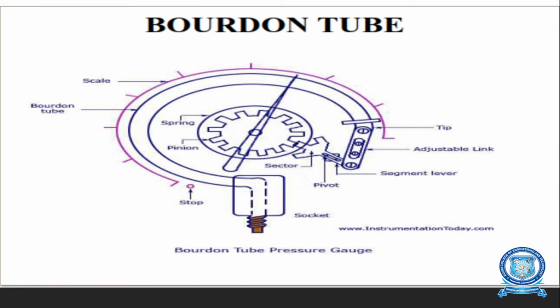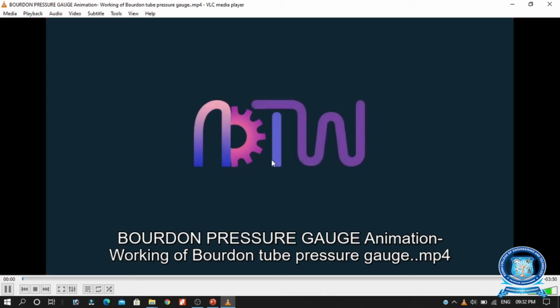The other end of the tube is fixed to a socket where the pressure to be measured is applied. The internal pressure tends to change the section of the tube from oval to circular, and it tends to straighten out the tube.